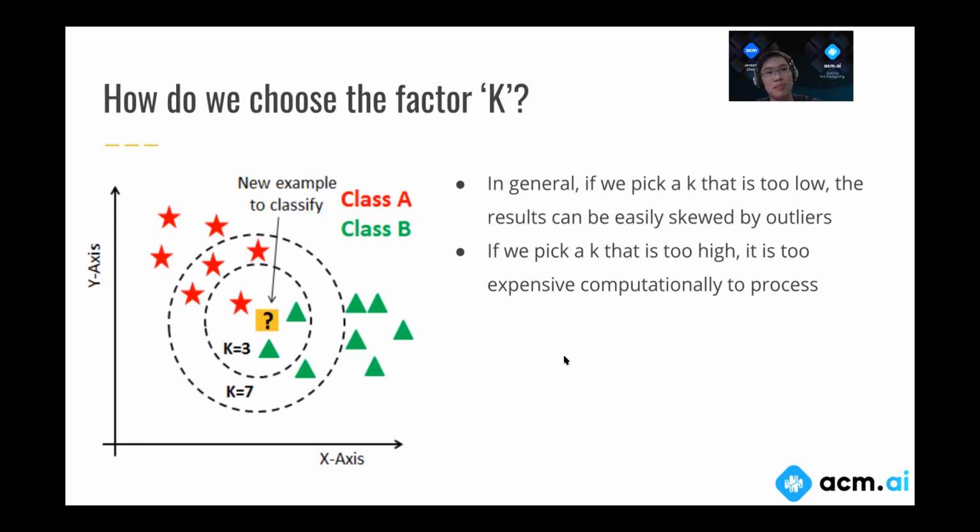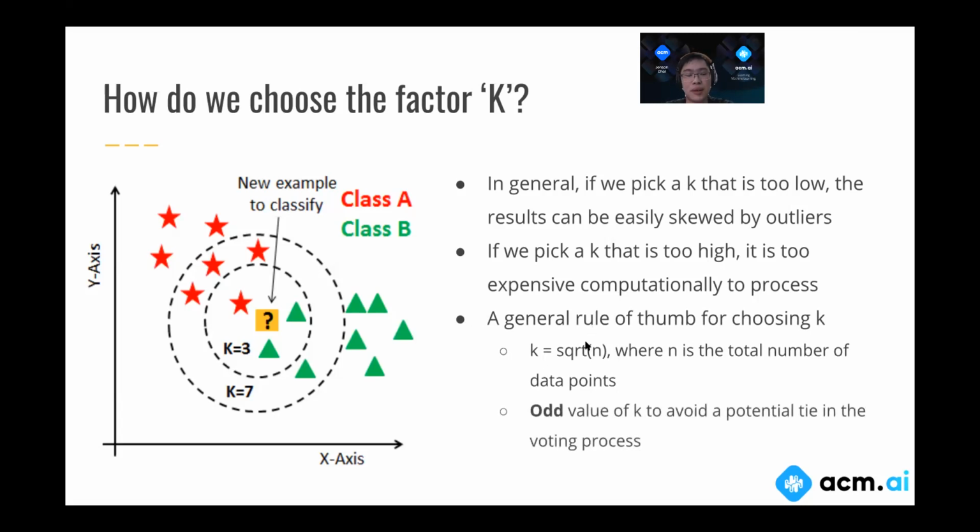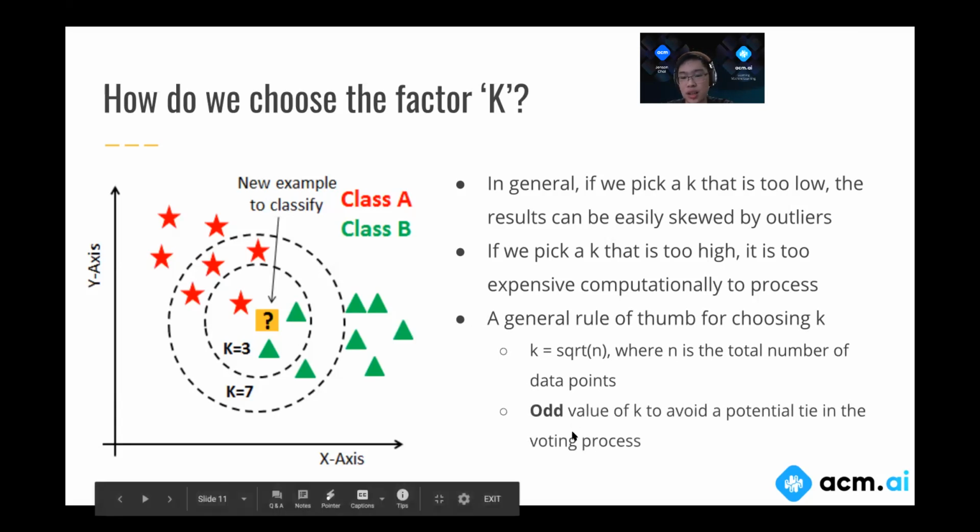Well, maybe not 1,000, maybe 10,000, because I think 1,000 is not that much for computers these days. So a general rule of choosing the right value of k for a large data set is taking the square root of n, where n is the total number of data points in our data set. And we should also make our k odd in the case of binary classification to avoid a potential tie in the voting process.